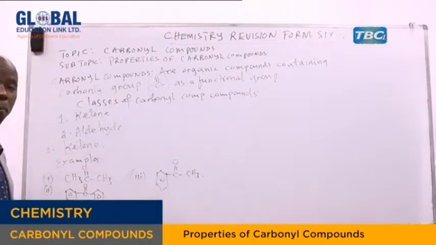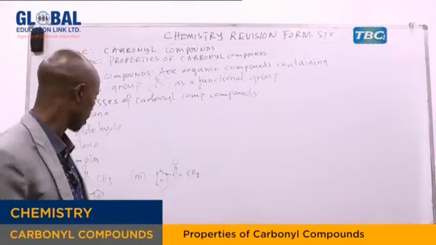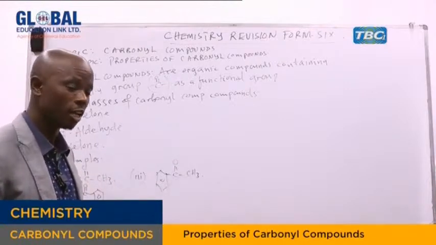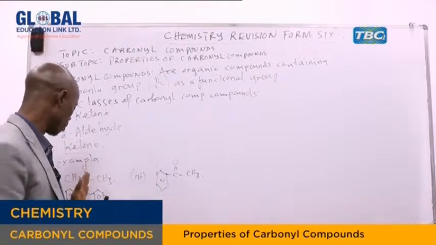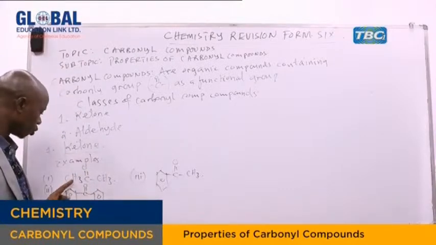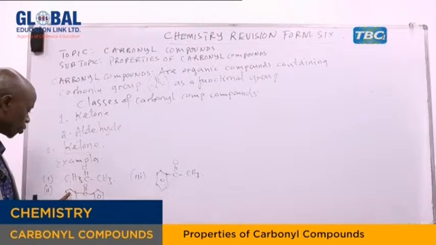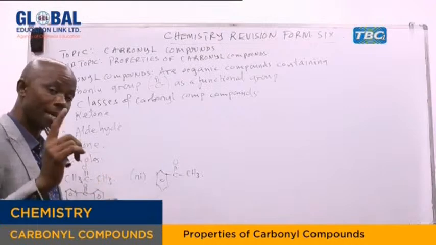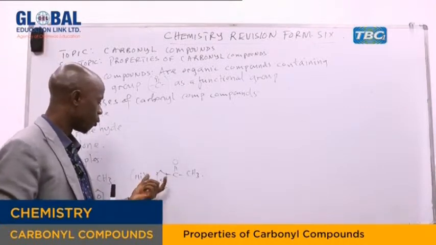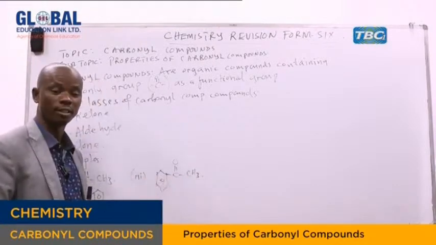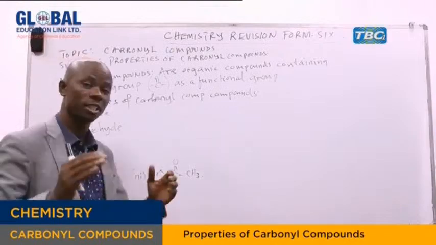So by using these 3 examples, we can generally say that ketones are carbonyl compounds containing the carbonyl group between either two alkyl groups, just like you can see in the first example, or two aryl groups, just like you can see in this example, or the carbonyl group is present between one alkyl group, which is this one, and one aryl group, which is this one. So that is all about ketone.